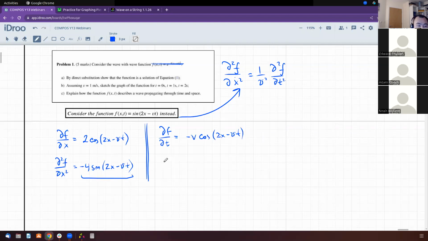Very good. And the second derivative, d squared f over dt squared, is going to be minus, so there's going to be another minus v, but then cos is minus, so it's minus v squared sine 2x minus vt.